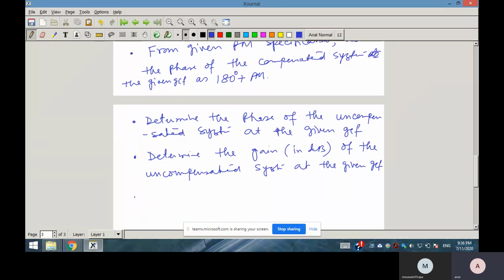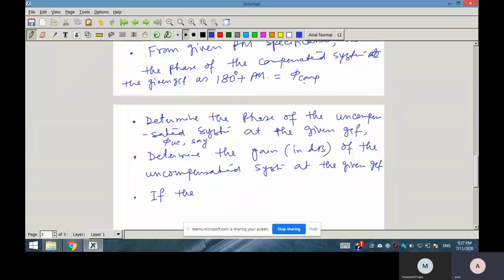Okay. So now the phase, I will write, this is phi of the compensated system, and this is the phase of the uncompensated system at the gain crossover frequency, say phi UC.